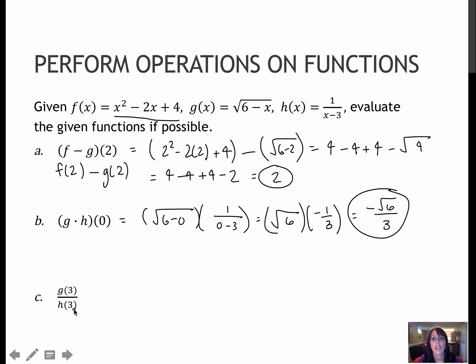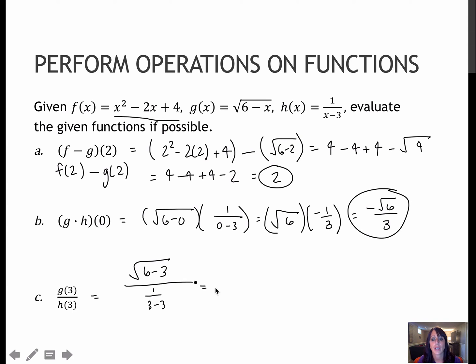Last one, g of 3 over h of 3. So on the top of my fraction, I've got radical 6 minus 3. On the bottom of my fraction, I have a fraction, so 1 over 3 minus 3. Now we know when we divide by fractions, we actually multiply by the reciprocal.